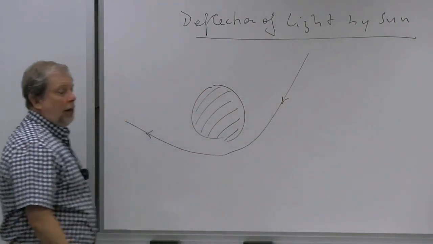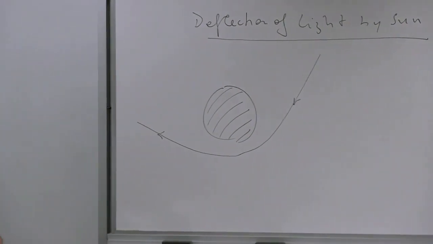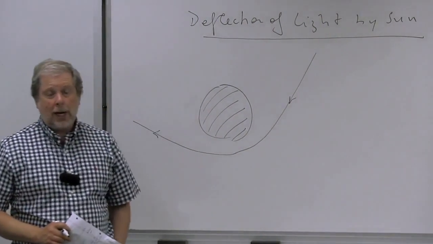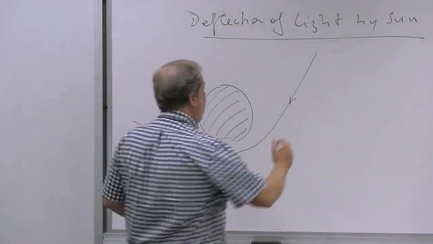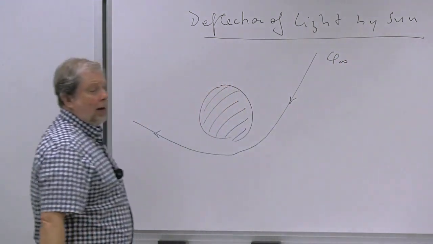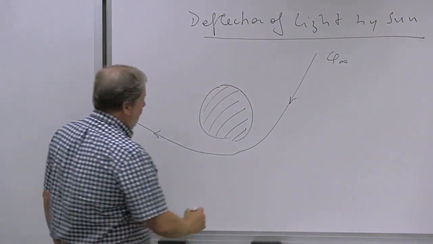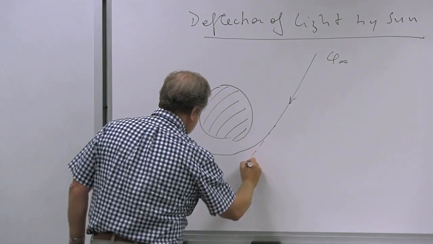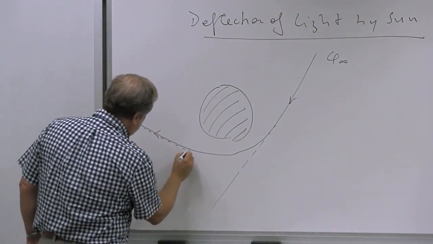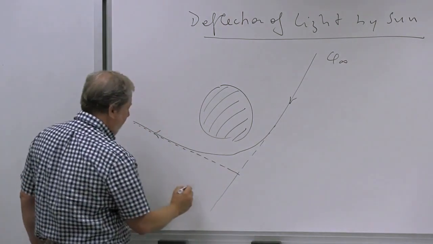And so this is clearly a problem of orbits, again, except that it's not a bound orbit, but just a scattering problem. So we have an angle at infinity when the light first comes in. And then if you continue this on a straight path, when the light comes out, it comes out at a different angle.